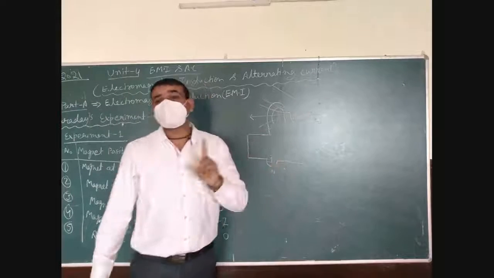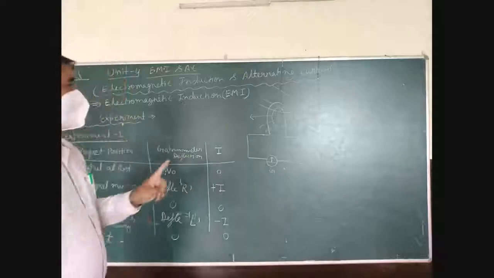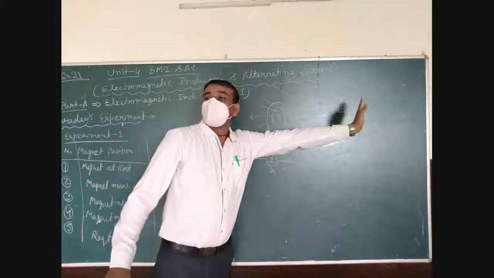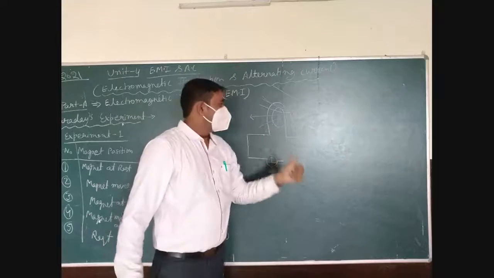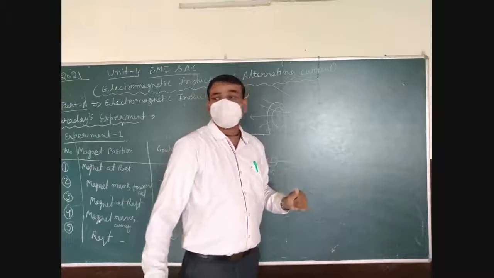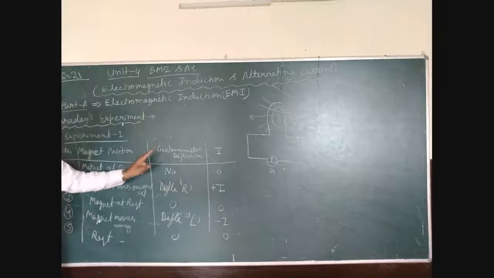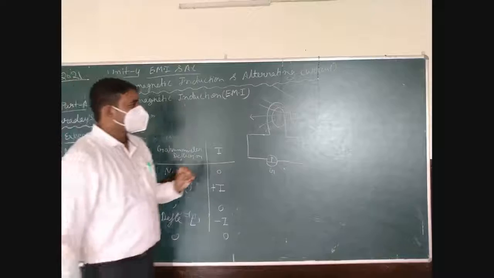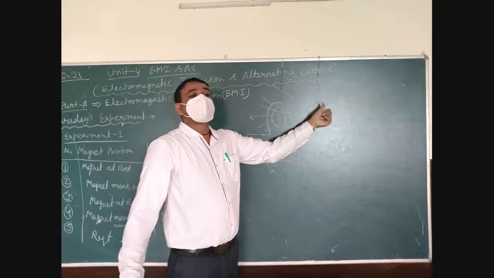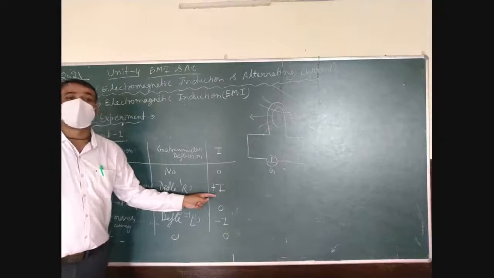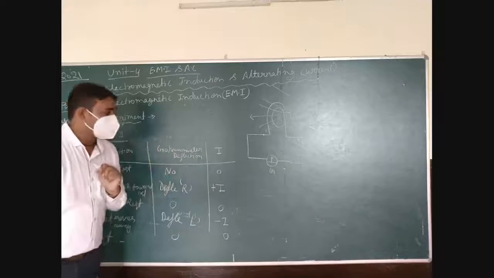So what does the experiment give us the idea of? When the magnet is at rest, in the three situations, away from the coil, near to the coil, and again away from the coil, the deflection in the galvanometer is 0, which means there is no current. Second, when the magnet is moved toward the coil, it gives a right deflection, and the current is taken as positive polarity.